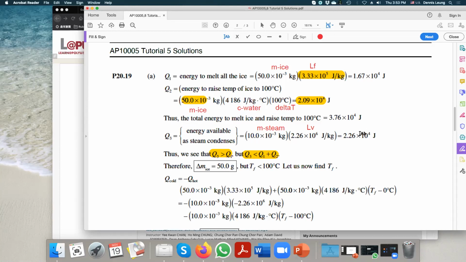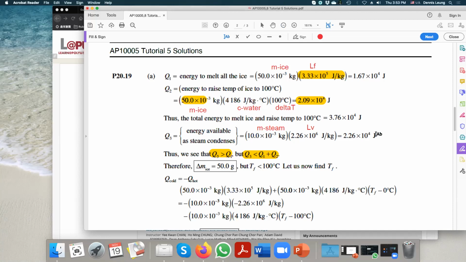And it means that before all the steam condenses into water, you would have all the ice melted.